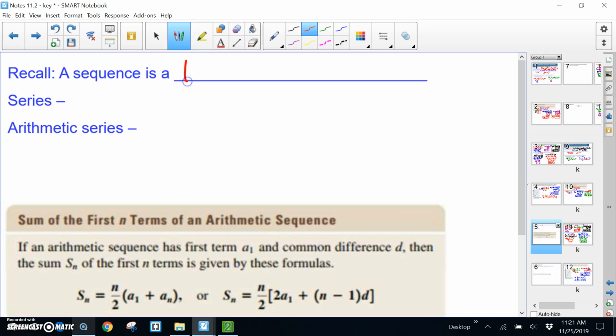Recall, a sequence is a list of terms. A series is the sum of the numbers in that list.